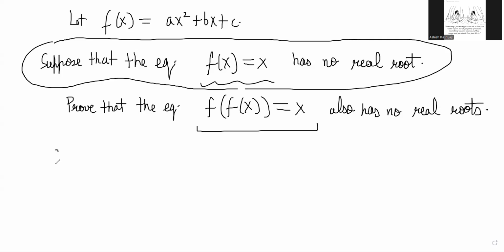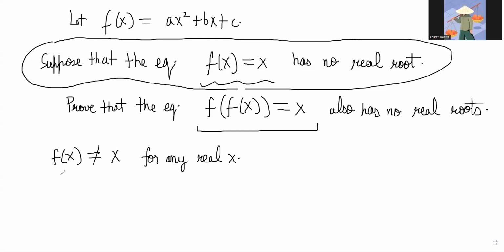Basically, what this condition says is that f of x is not equal to x for any real x, right? Correct? Yes, sir. What will that mean? नहीं सर, अगर f of x, x के ना बराबर हो तो फिर रूट्स तो रियल होंगे ना। What we are saying is this equation is not true for any real x.